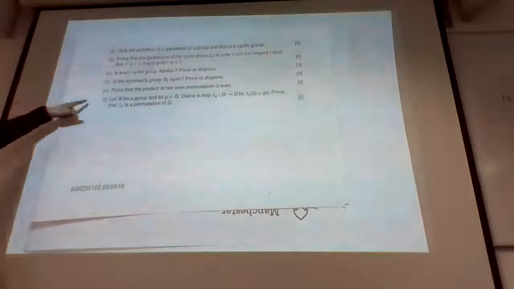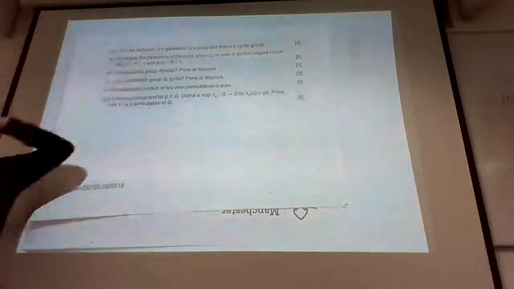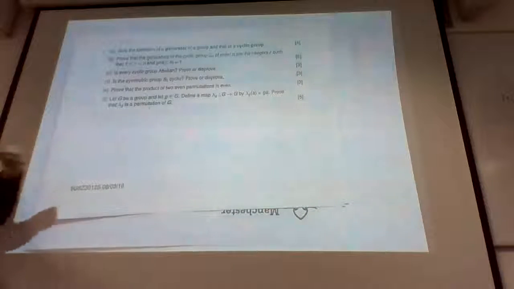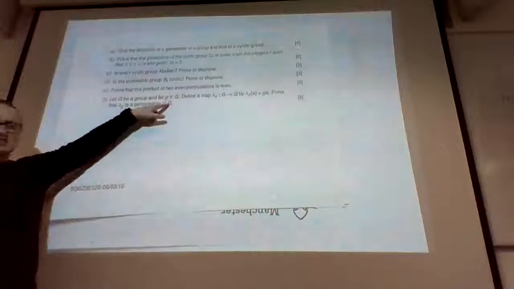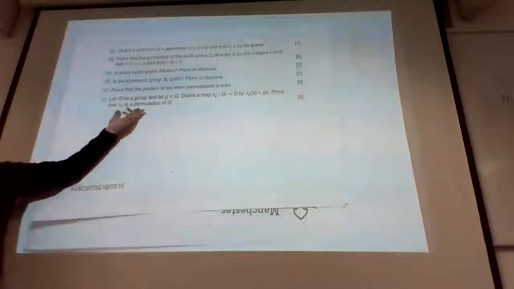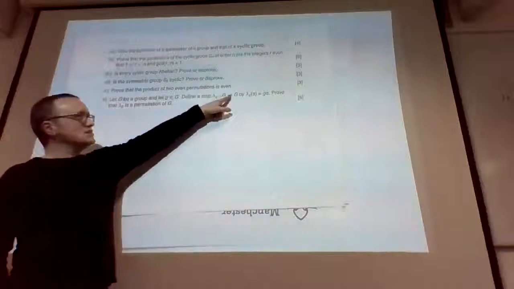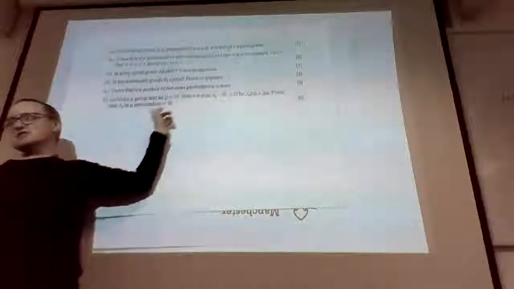For part F, when it says a permutation, normally we think of permutations as a function on the set of labels 1 to n, but what's a permutation of a general set? It's a function G to G, so what type of function from G to G is a permutation?